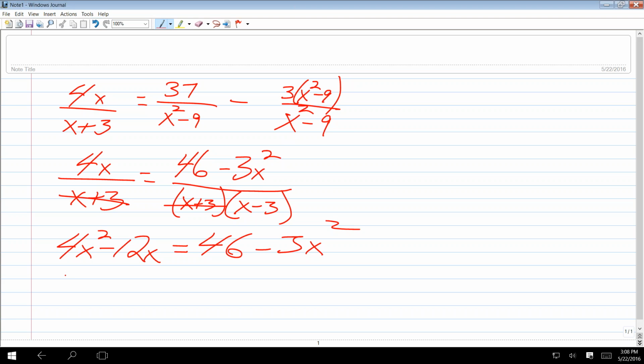I got x squared. No, 7x squared. Be careful. I actually made that same mistake in my head as I was thinking about it. I thought it was going to be an x squared also. It's like that's a mistake that's just waiting to happen.